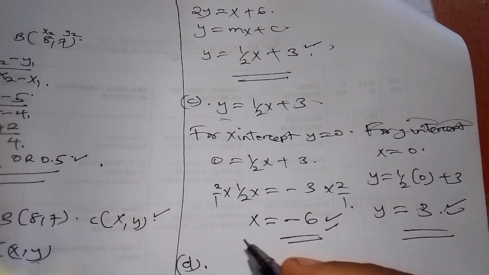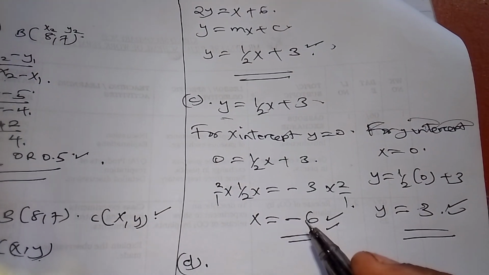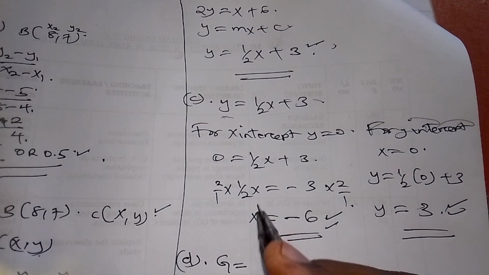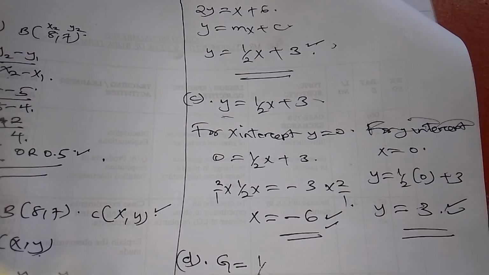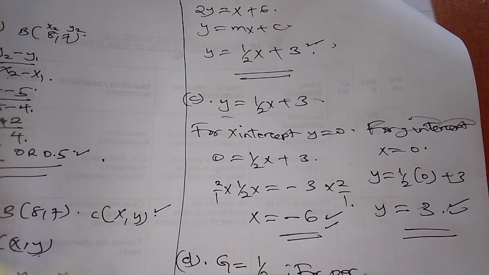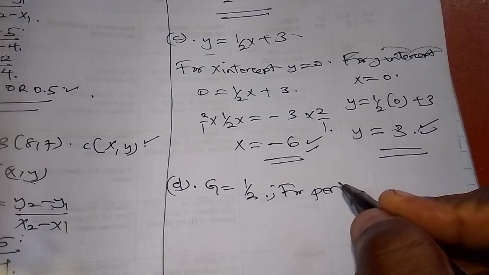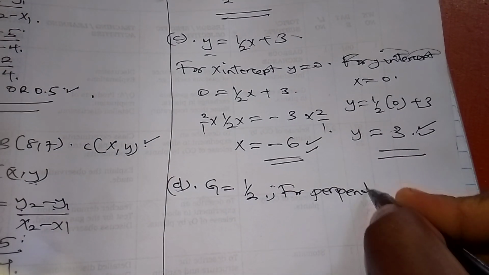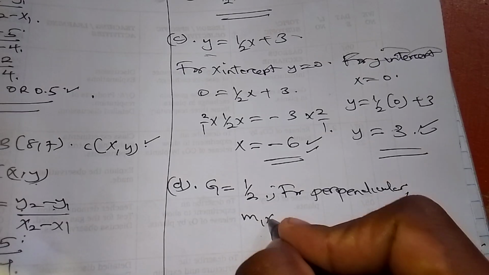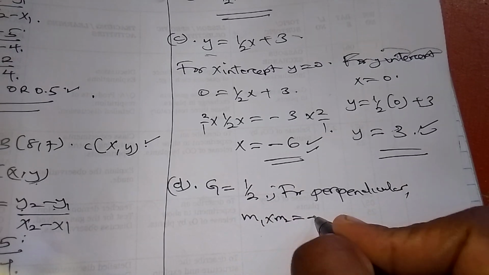Now, another line is perpendicular to AB, and what was the gradient of AB? The gradient of AB was a half. But remember, for perpendicular lines, M1 times M2 is equal to negative 1.